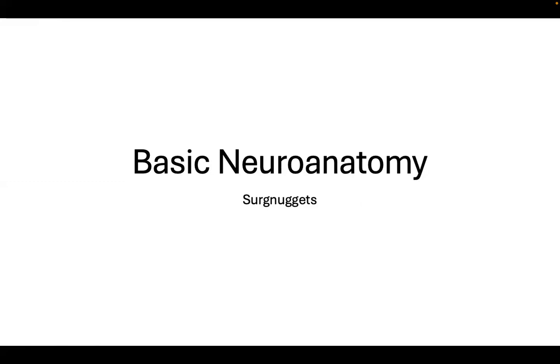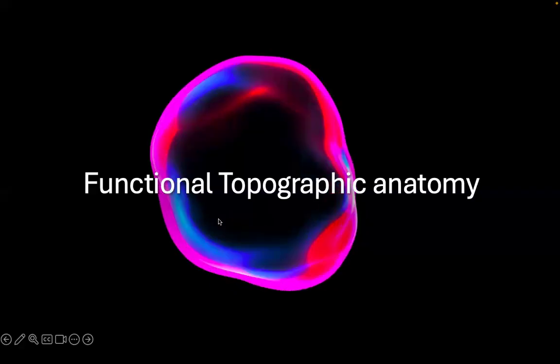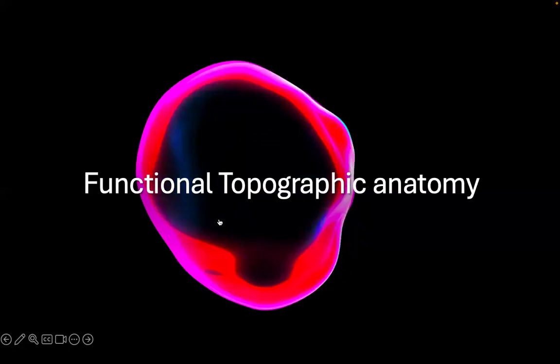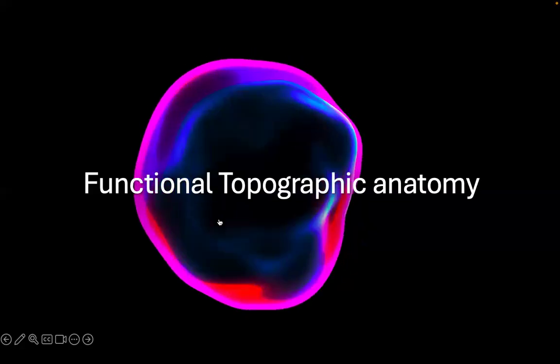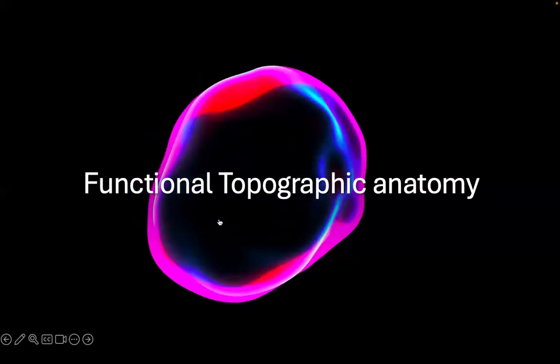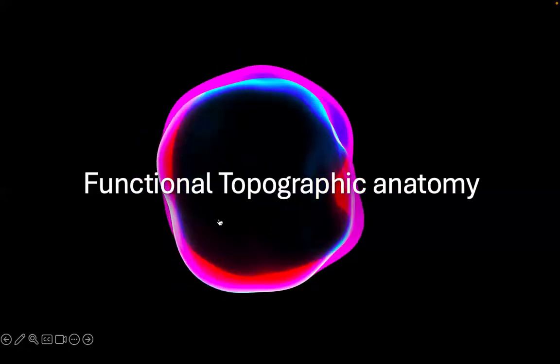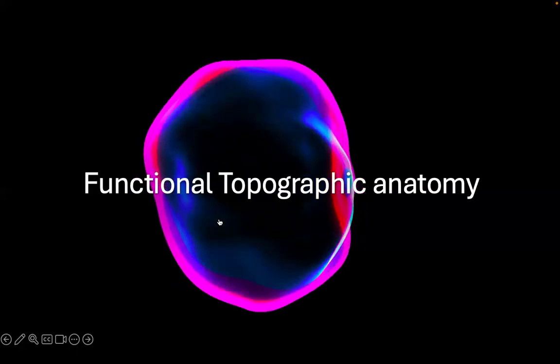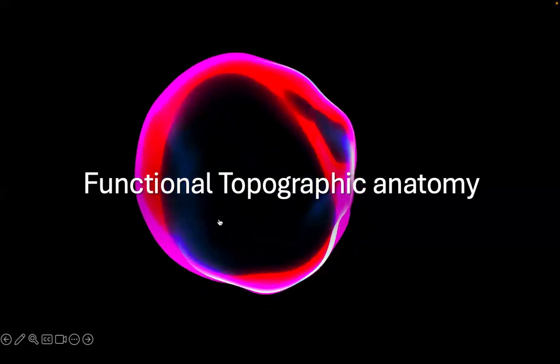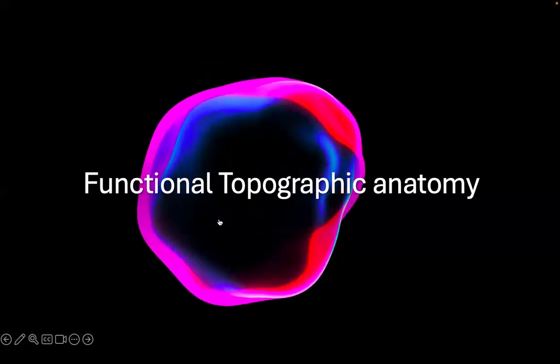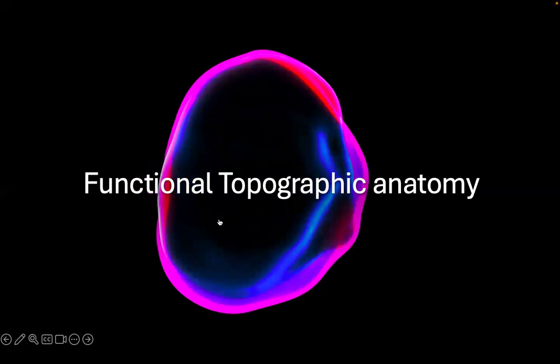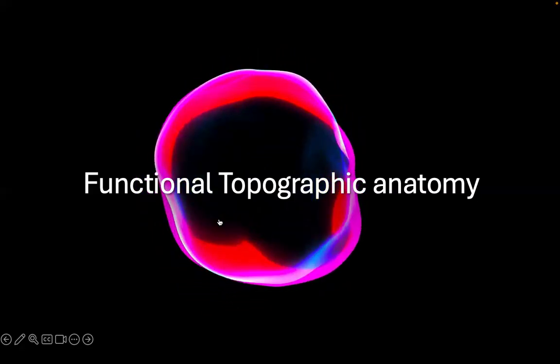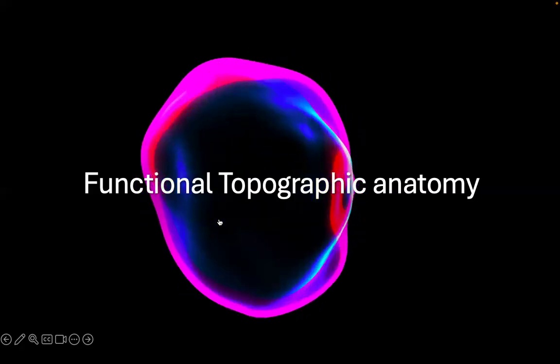Okay, so for today's session we will be dealing essentially with the functional topographic anatomy of the brain. Basically, we'll just do a general discussion on how the brain is arranged, the parts of the brain and the basic functions of each part, before we delve into the details in subsequent sessions.